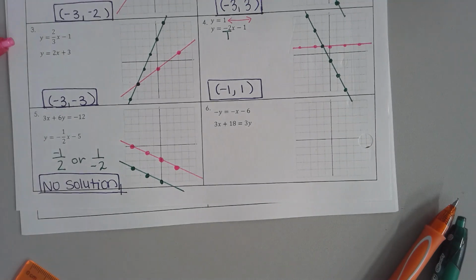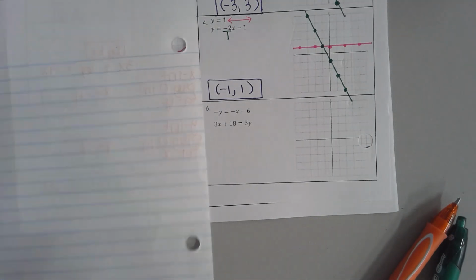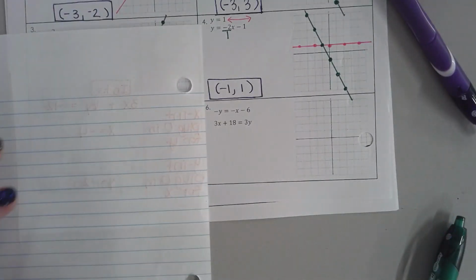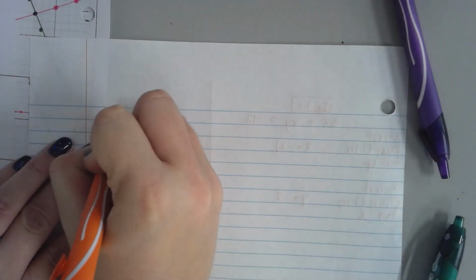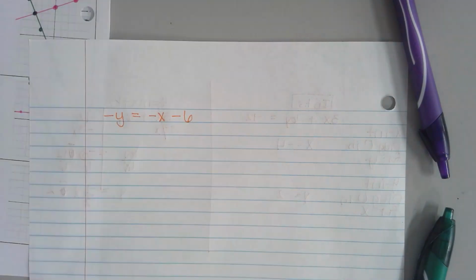And then last one we're going to do, number 6. So these lines are not in slope-intercept form. Neither one of them are. I've got, let's see, negative y equals negative x plus 6. They're almost in slope-intercept form. Almost got the y by itself. What is in front of the y? A negative or a -1.